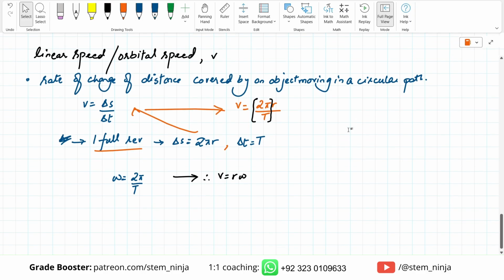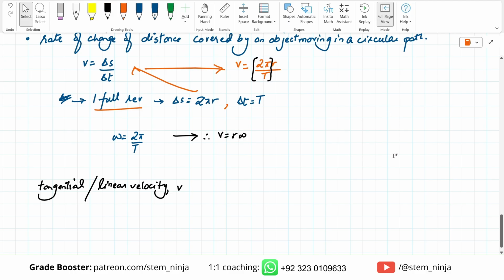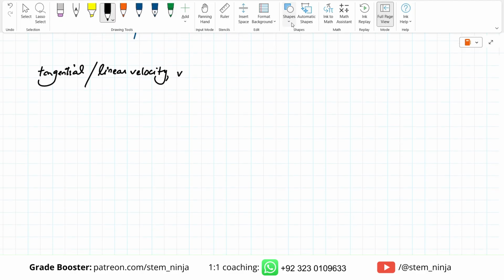So this is how the linear speed, orbital speed is related to the angular velocity. Now, speaking of velocity, the linear velocity or the tangential velocity is slightly different from linear speed. How?